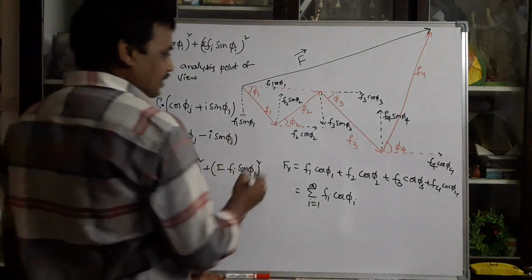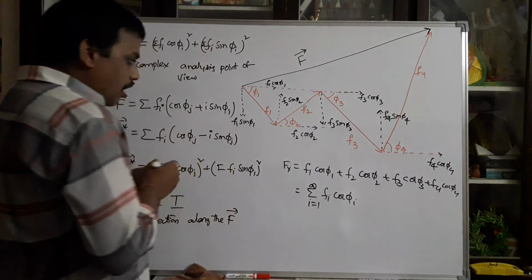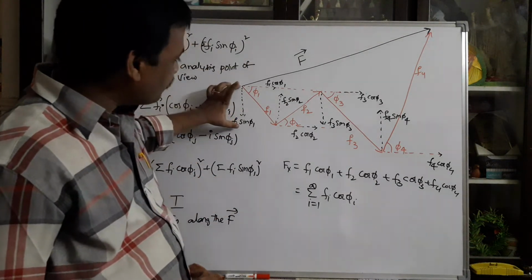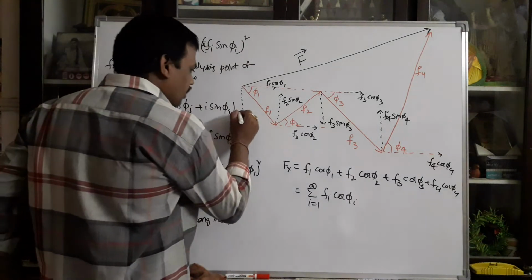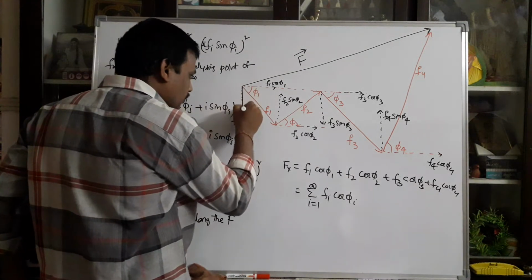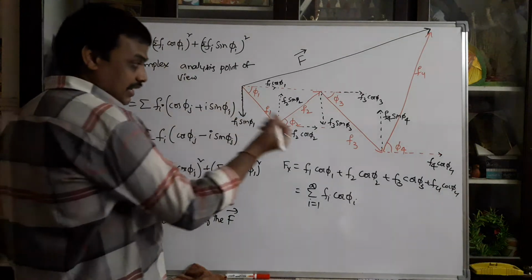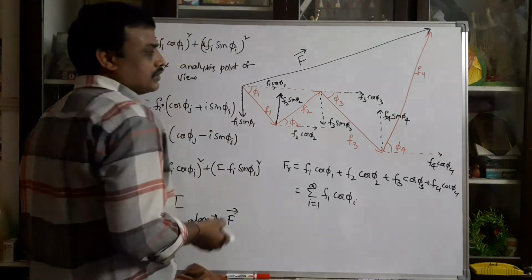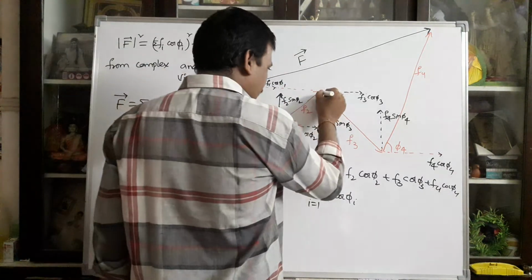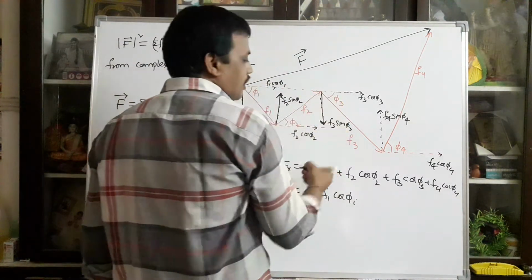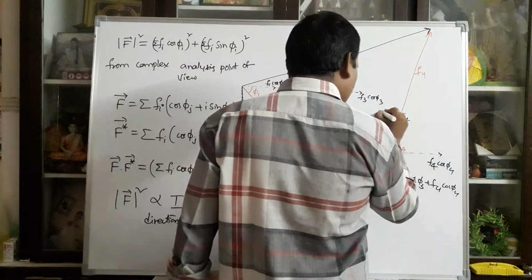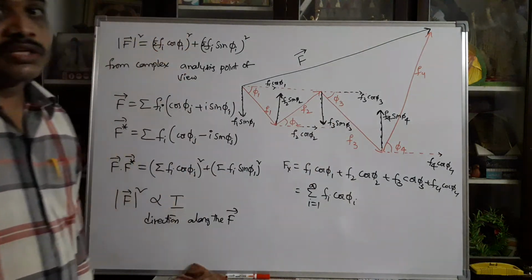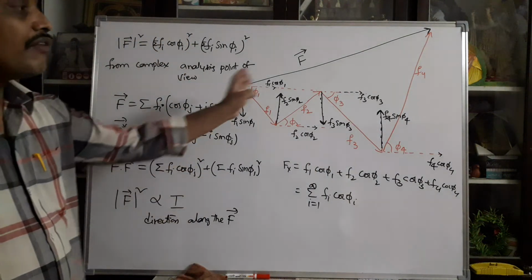In a similar fashion, the vertical component can be taken according to our notation. F1 sin phi 1 is represented in the downward direction. F2 is represented in the upward direction, F3 in the downward direction, and F4 in the upward direction. So the directions alternate and are opposite according to our representation.